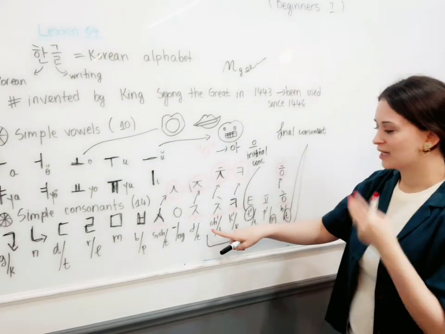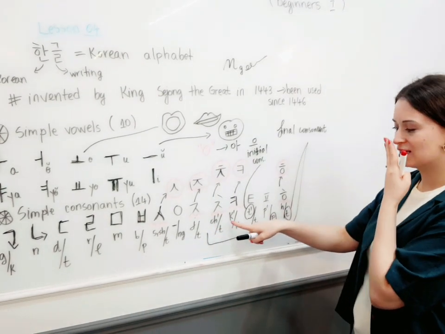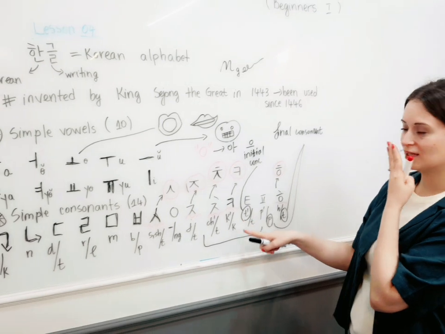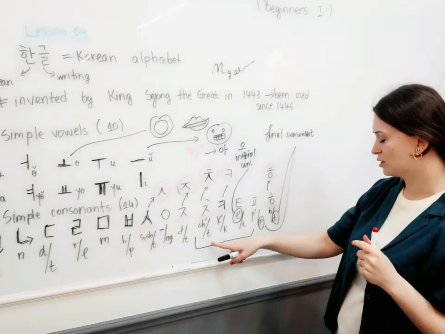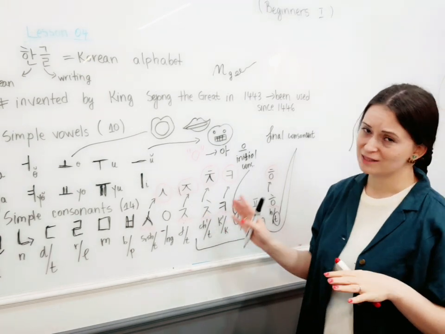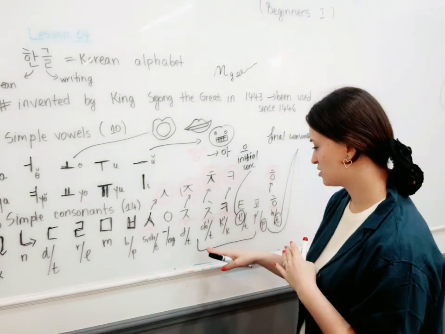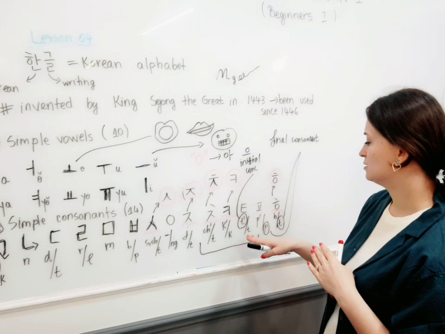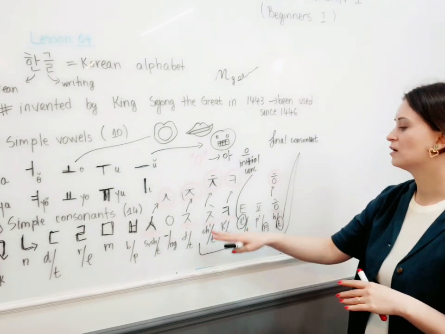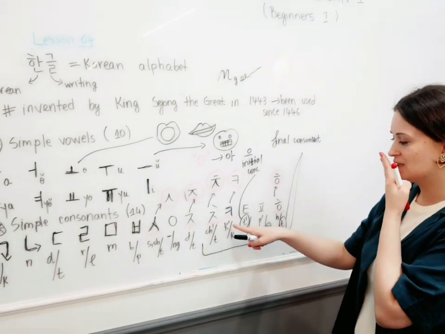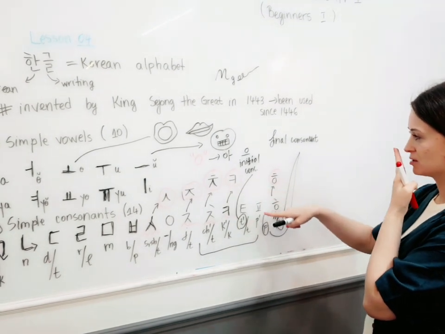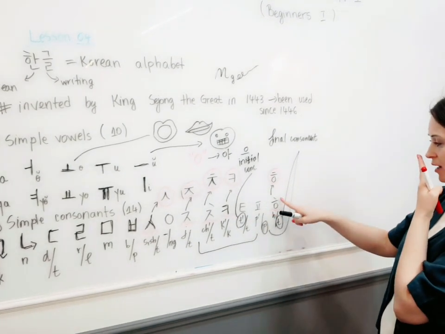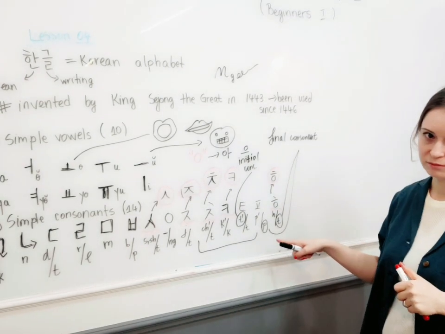So this is ch, and this is k, and this is t, and this is p. In the final position these aspirated consonants don't exist, so it's just like t, k, t, and p. That's it. But ch, k, t, p, very important for reading. Also, they have different styles of writing them. And the last one is h or t.